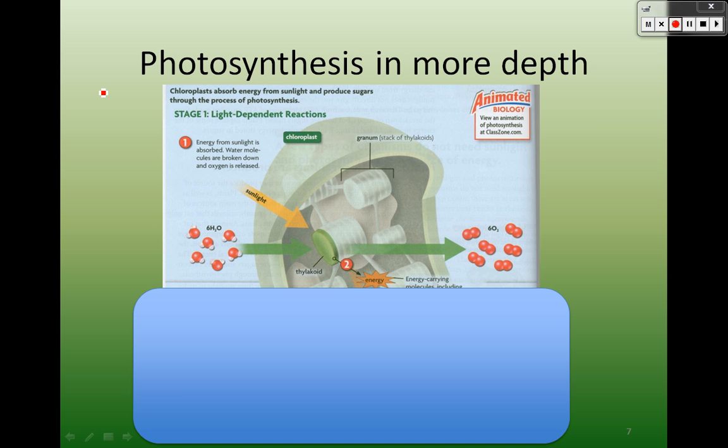The first stage is called the light-dependent reactions. In some resources, if you start reading about it, they'll just be called the light reactions. The second stage is called the light-independent reactions. In some things you'll read, those will be called the dark reactions. So in other words, the first part of photosynthesis involves light.